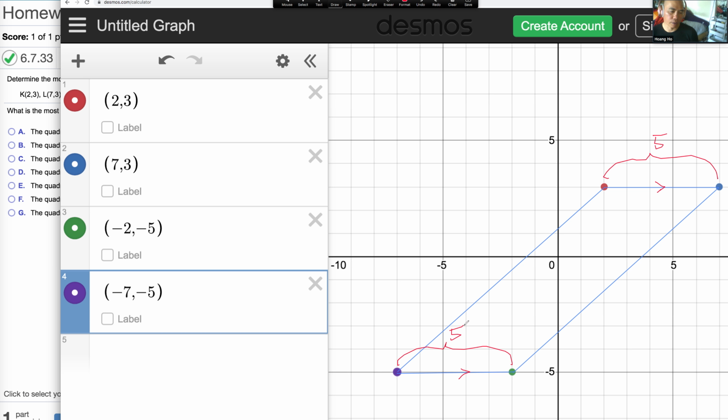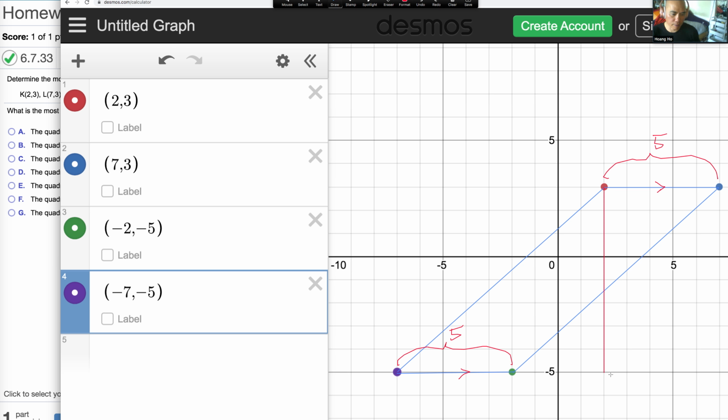And I already know the next question. They ask you to find the area of this. So base times height. The base is 5 units. And the height is from one vertex going down to the base.